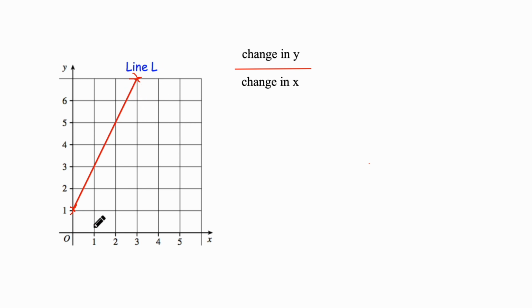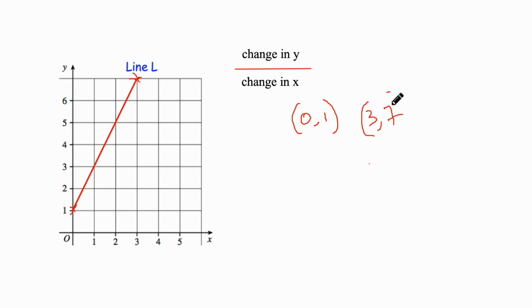Right, so if we read this, x-axis first, 0, and y-axis 1. So let's just write that down, 0 and 1. Then the other point is 3 and 7. So let's do 3 and 7.